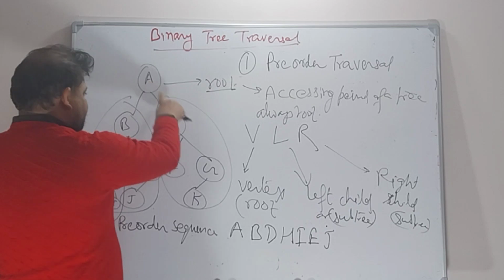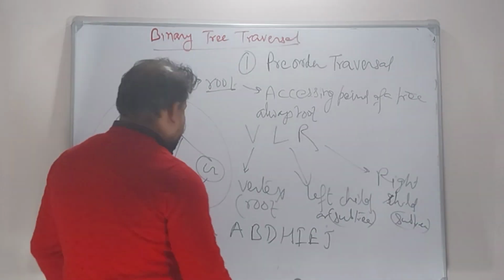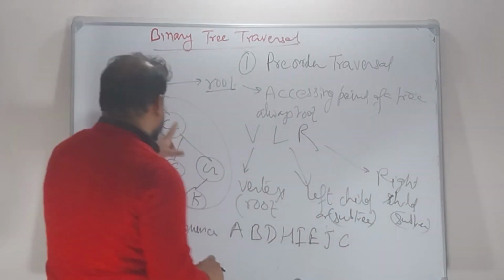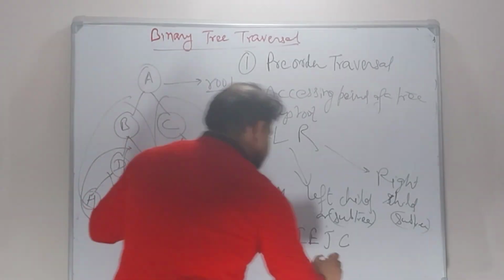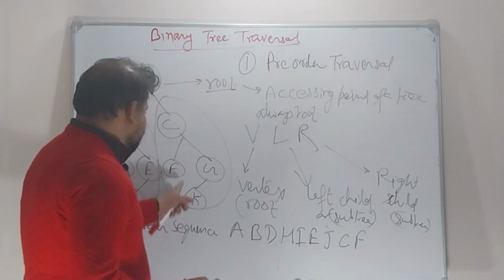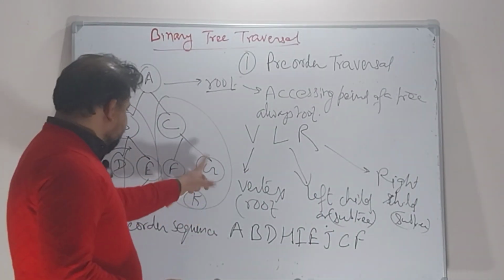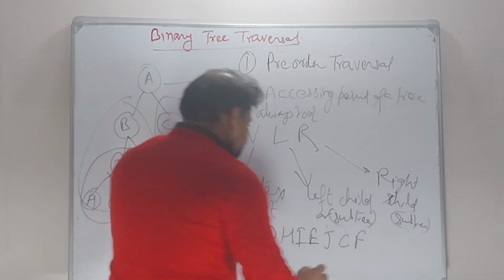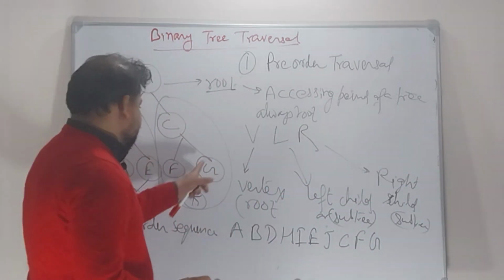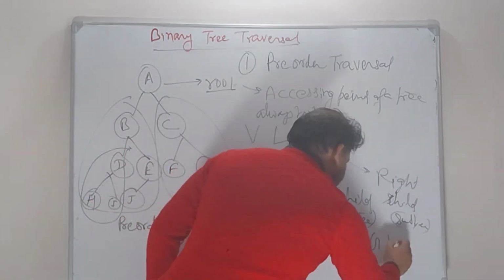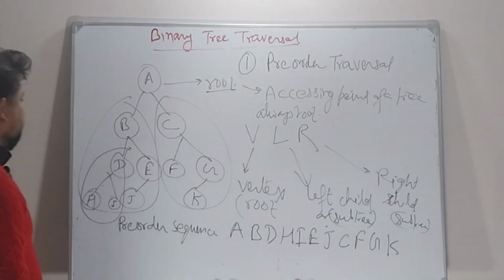Once again in the right, this is also a subtree. It will go for the vertex, so C, and after that it will come to the left, which is F. If you go to the right side, once again it is a subtree. For this subtree, the vertex and then it will go for K. So what exactly is the sequence?